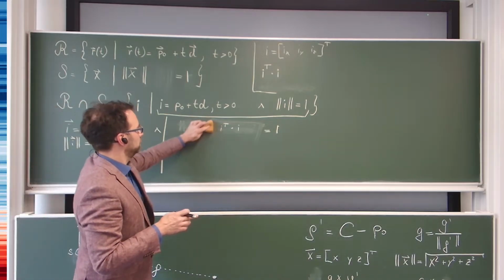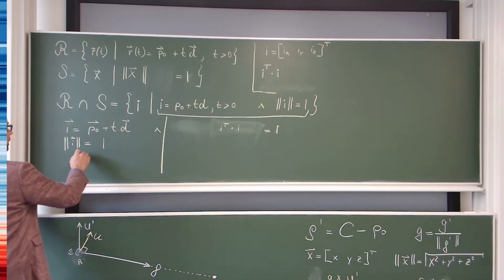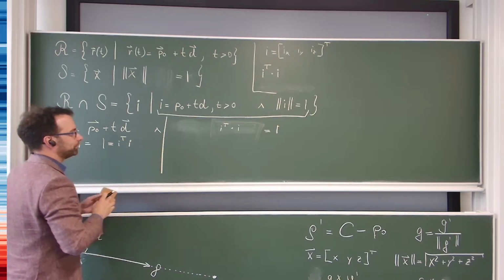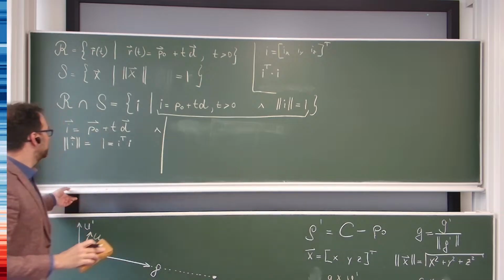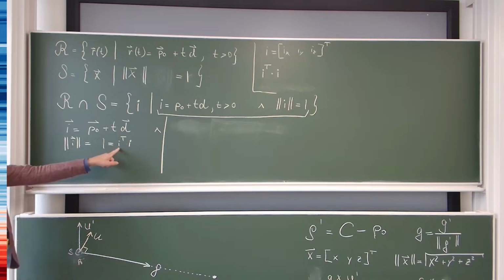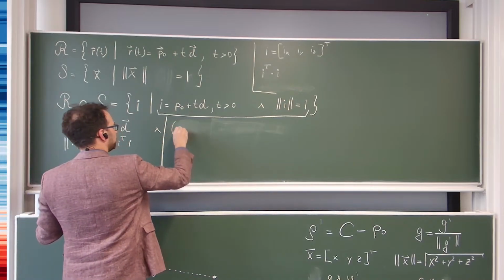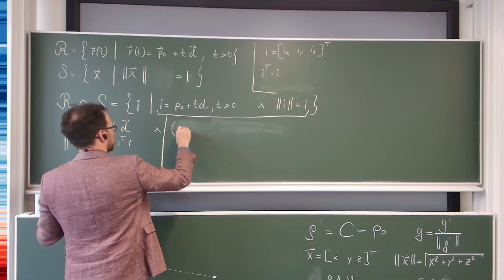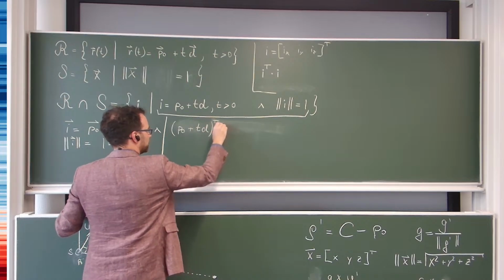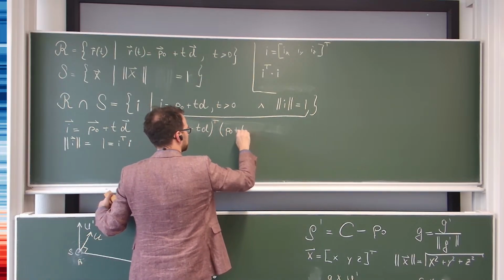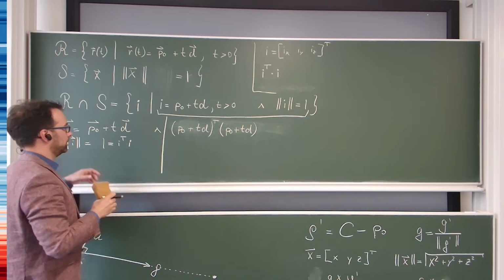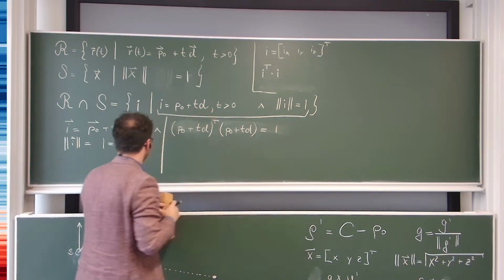Okay, why did I start here? No idea. Anyway, we could even do it here. This is I transposed times I. Okay, good. Yeah, then why not do it? We take P0 plus t D transposed times P0 plus t D untransposed equals 1.